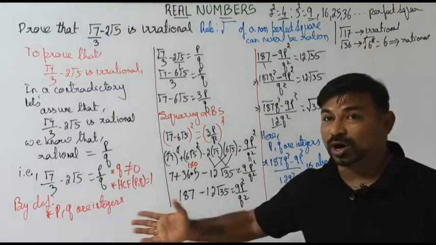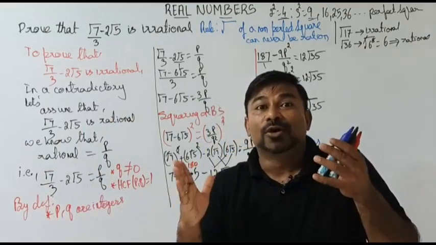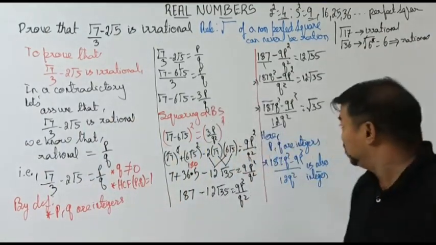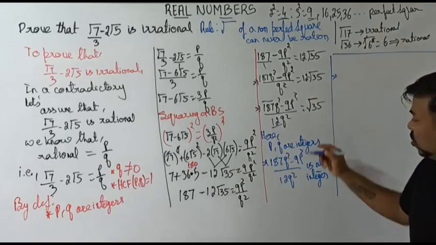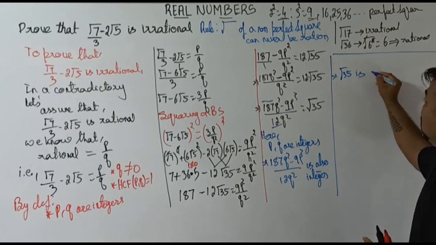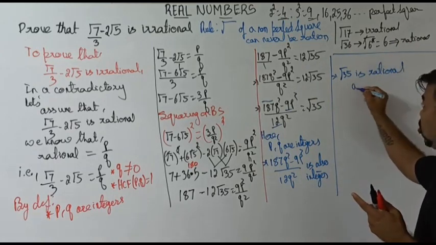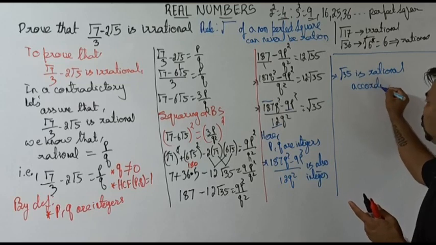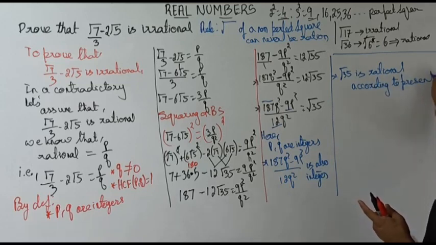Yes. Now this is what? If this side it is an integer, what should the other side be? It should be a rational number. Then which implies the one on the other side, root 35, is what? Rational, according to the present calculation.